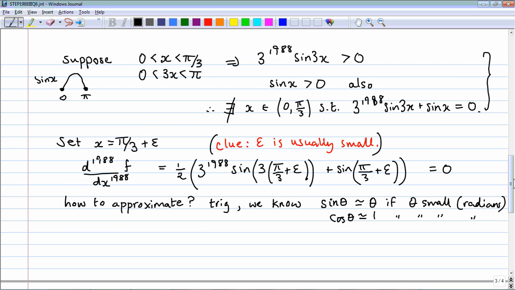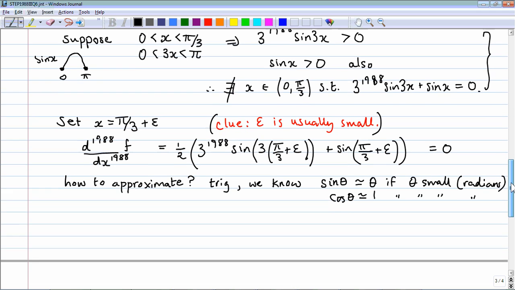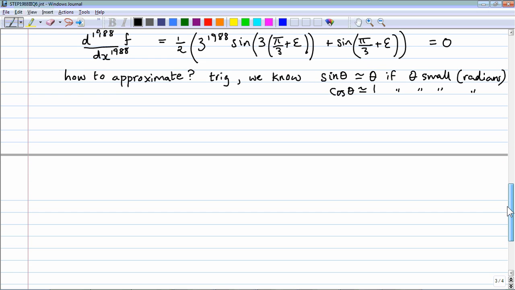Yeah, so that's good logic for thinking about the problem, but maybe it's not good logic for constructing an answer. So what we need to do is use the compound angle formulas and then apply the approximations assuming epsilon is small.